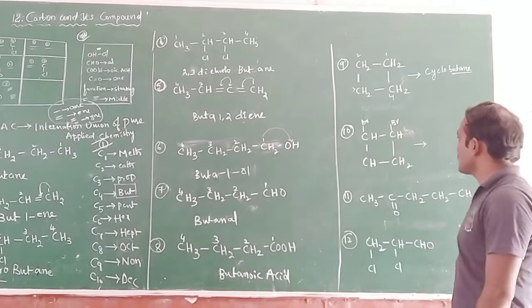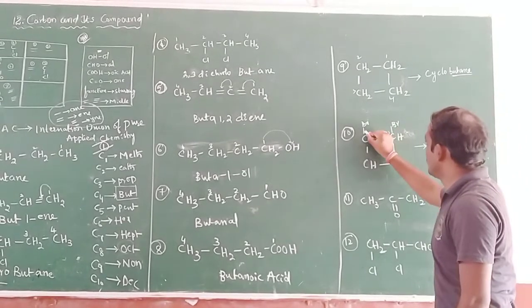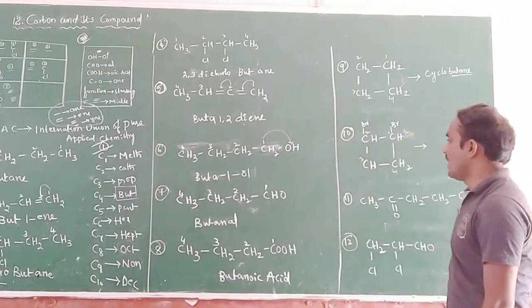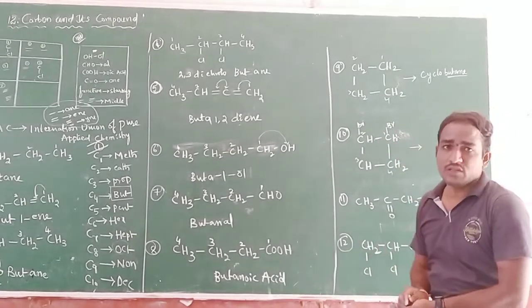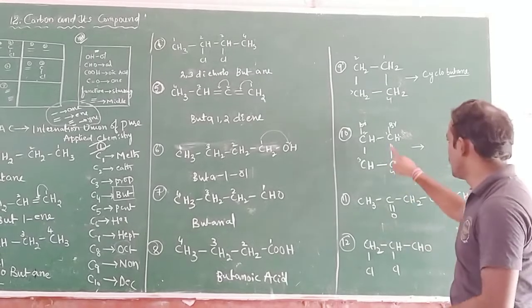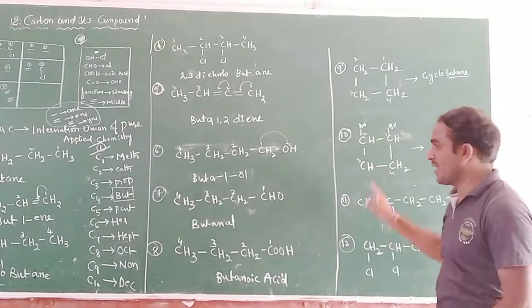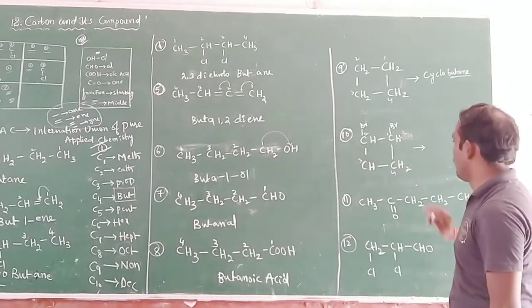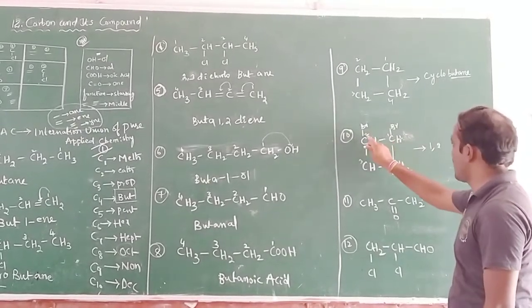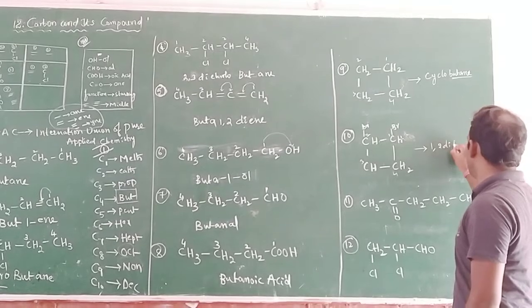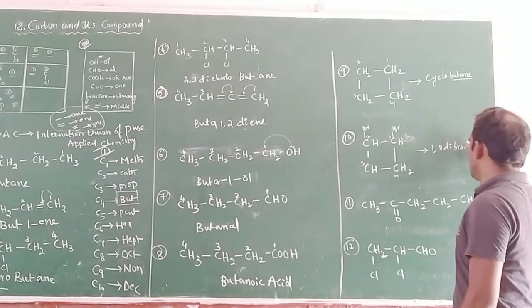And the next one: here 1, 2, 3, 4. We have to give the first priority to the carbon with the functional group. So 1, 2, 3, 4. How many carbons here? 4. So here 1 comma 2 dibromo.